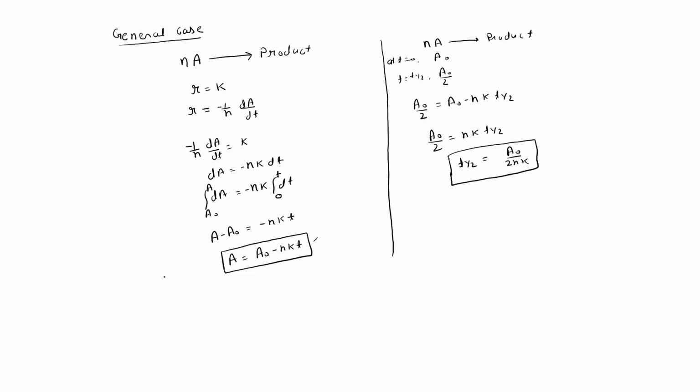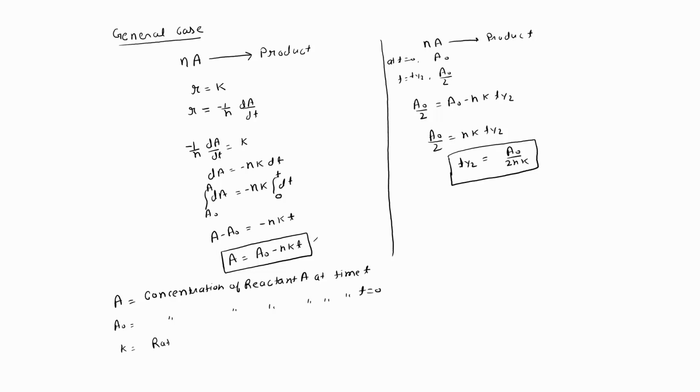So we can say here, A is the concentration of reactant A at time t. A naught is the concentration of reactant A at time t equal to 0, or the initial concentration.